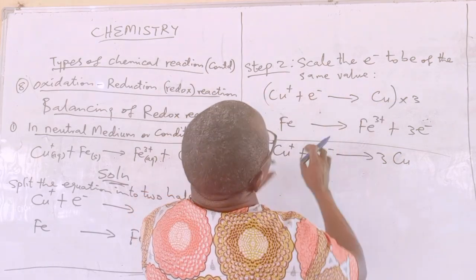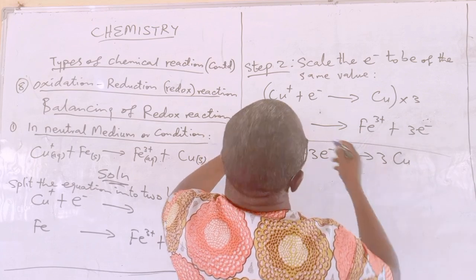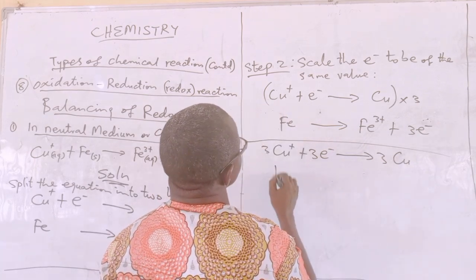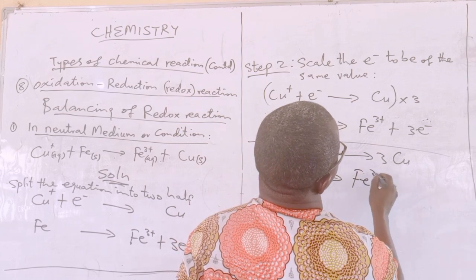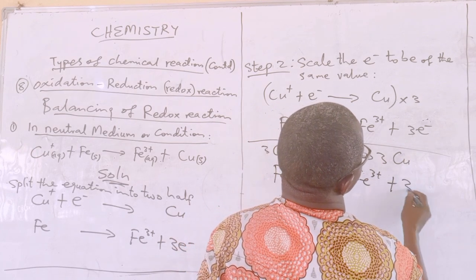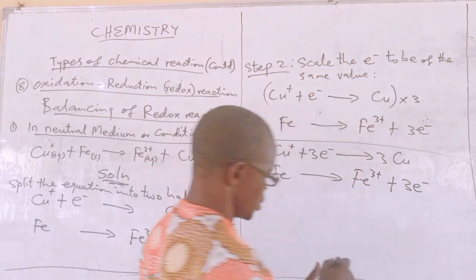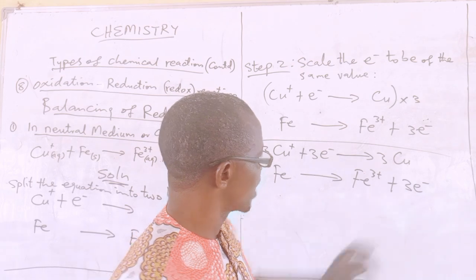That's the first equation. Now the second equation, if I multiply by 1, I will still have the same thing: Fe arrow Fe 3 plus, 3e minus. So I have scaled the two electrons to be of the same value.